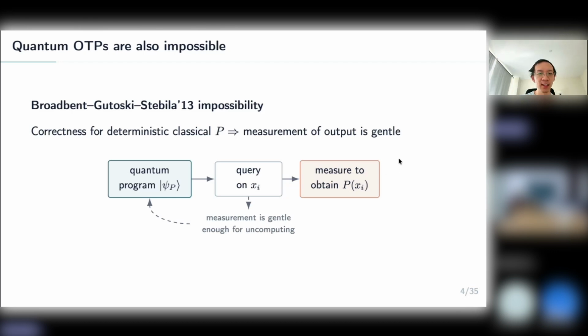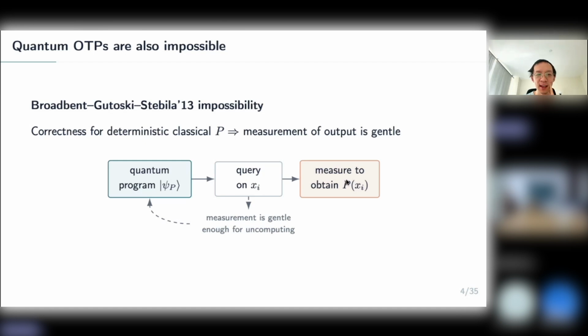The idea is that suppose the one-time compiler outputs some quantum program, you can always do the following attack: you query on some input, and then you measure the output to get the outcome. But because P is deterministic, the output should give you the correct outcome with probability 1.